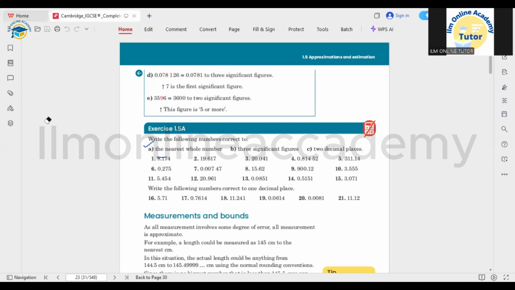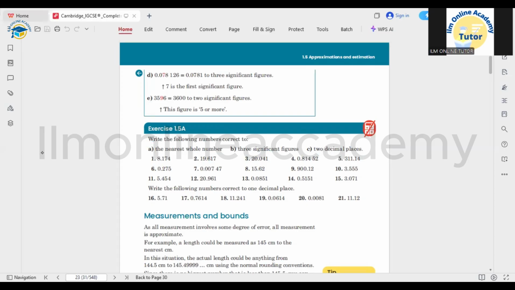All the numbers given from 1 up to 15, we need to write to the nearest whole number. Next, we need to write them to three significant figures. And part C is that you will round each off to two decimal places as well. So one by one, we will do all three things with each and every part.